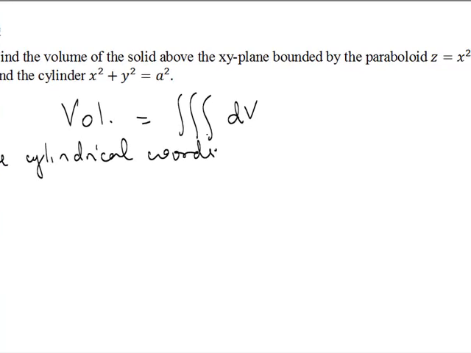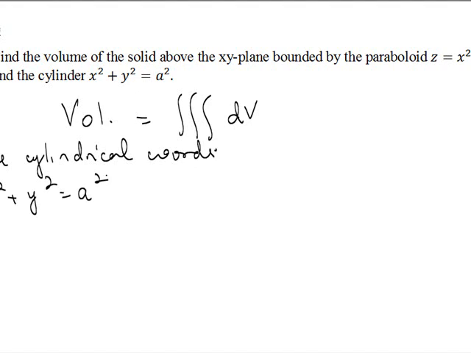Now if you look at the cylinder, they actually gave you the equation of the cylinder. That should give you your r and your theta limits. So let's go to the cylinder. x squared plus y squared equals a squared. Let's convert this. In converting this, what do we have?